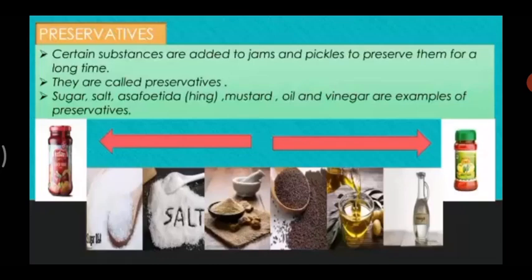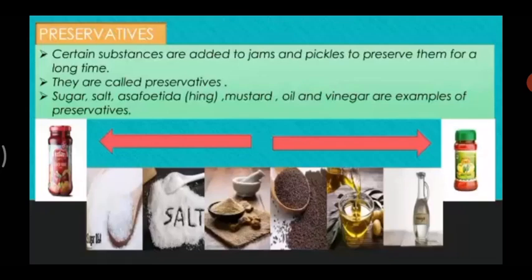So what are preservatives? Sugar, salt, asafoetida, that is hing, mustard, oil and vinegar are some of the examples of preservatives. Now when we use these preservatives in the foodstuff, that foodstuff remains for a longer period of time without getting spoiled and it is preserved also.